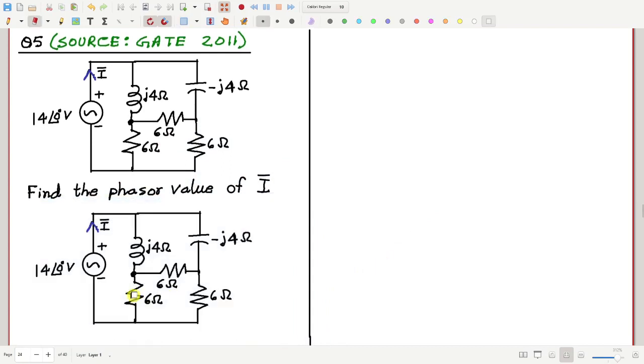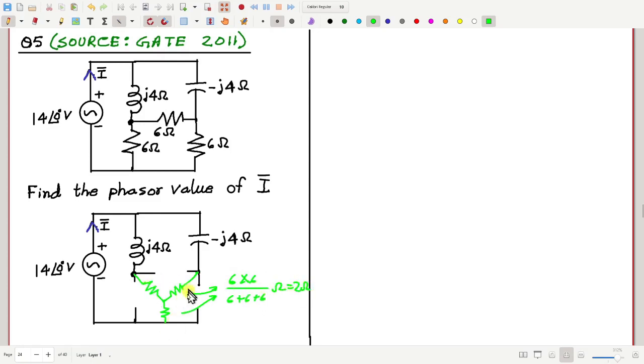Let me convert this lower part into the equivalent star. We will have 3 impedances in general, but since all are resistances, they will be equal, and each of these will be 6 into 6 by 6 plus 6 plus 6 ohm, that is 2 ohm.